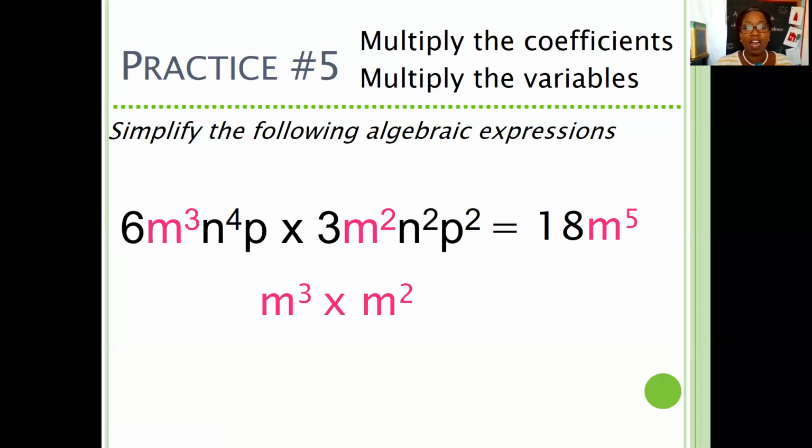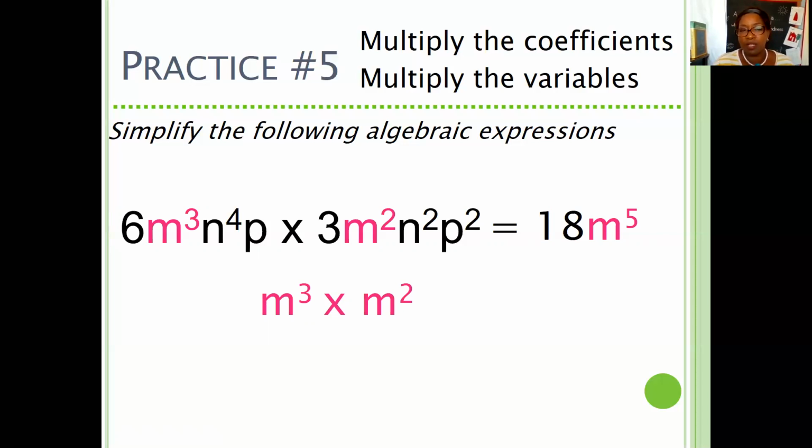All right, this is our second step. M cubed times M squared, M to the 5th power. All righty, gonna give you like 5 seconds to do the very next thing.